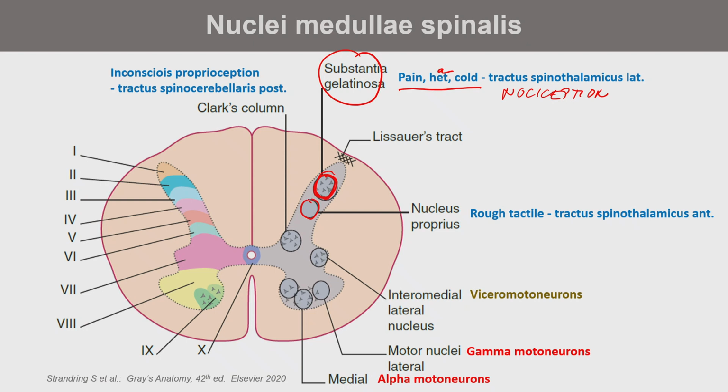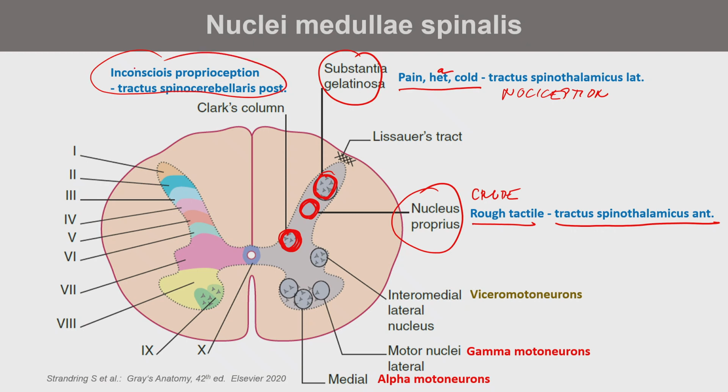Then the next one, which is more centrally, is called nucleus proprius. The proper nucleus is leading this rough or crude tactile through the tractus spinothalamicus anterior, anterior spinothalamic tract. And the last one, localized the most centrally, is for unconscious proprioception, the spinocerebellar tract.